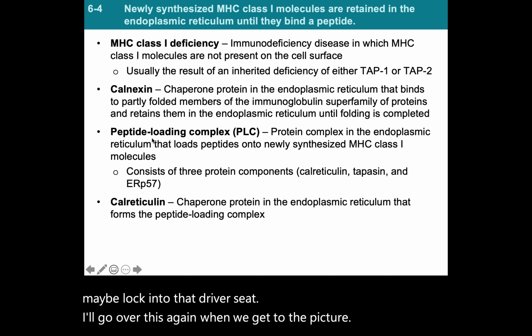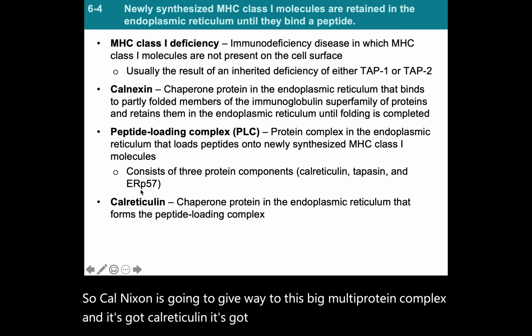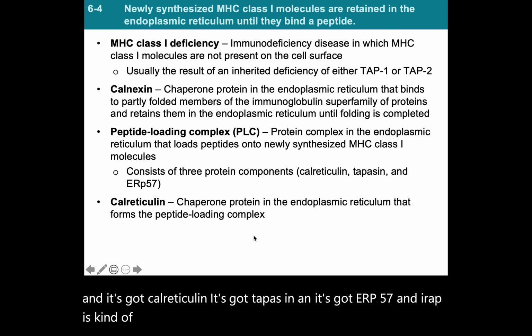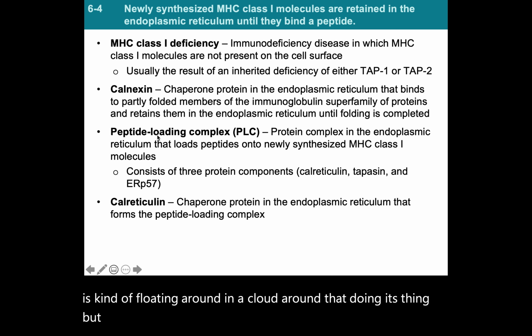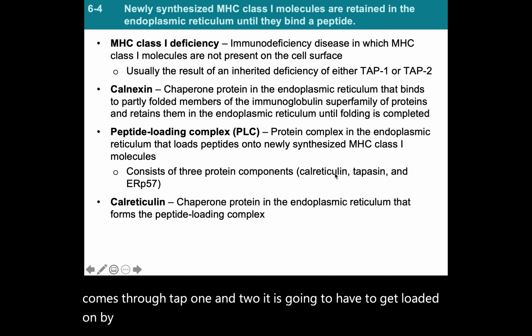So calnexin is going to give way to this big multi-protein complex. It's got calreticulin, it's got tapasin, and it's got ERp57. And ERAP is kind of floating around in a cloud around that, doing its thing. But these three are the peptide loading complex. So after a peptide comes through TAP1 and 2, it is going to have to get loaded on by these three.